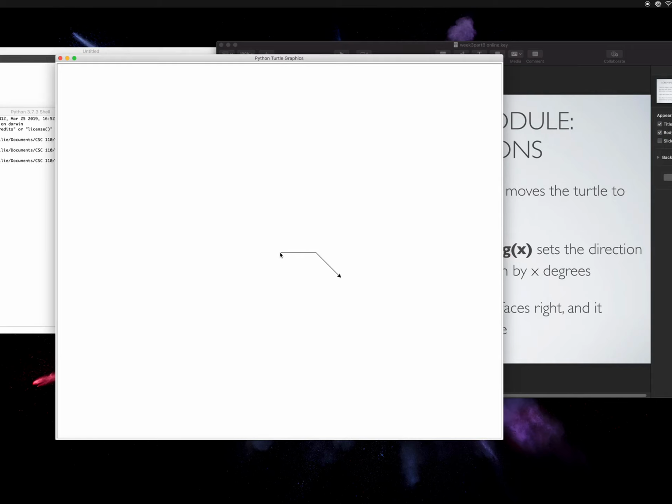So for example, if you want it to go up here, you're going to give it positive x something, maybe 300, and then positive y 300. So this is positive x, positive y. This is negative x, positive y, and so on. It's the normal XY coordinate plane.